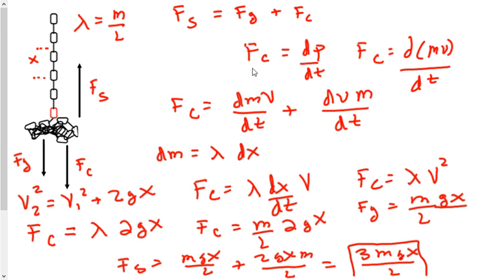The force of the chain is going to equal the change in momentum per time, or the differential dp/dt. So the force of the chain equals d(mv)/dt.